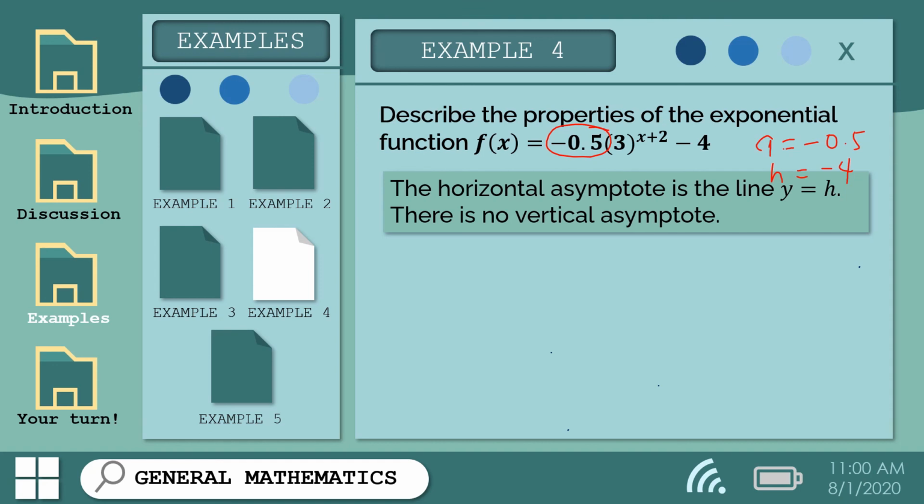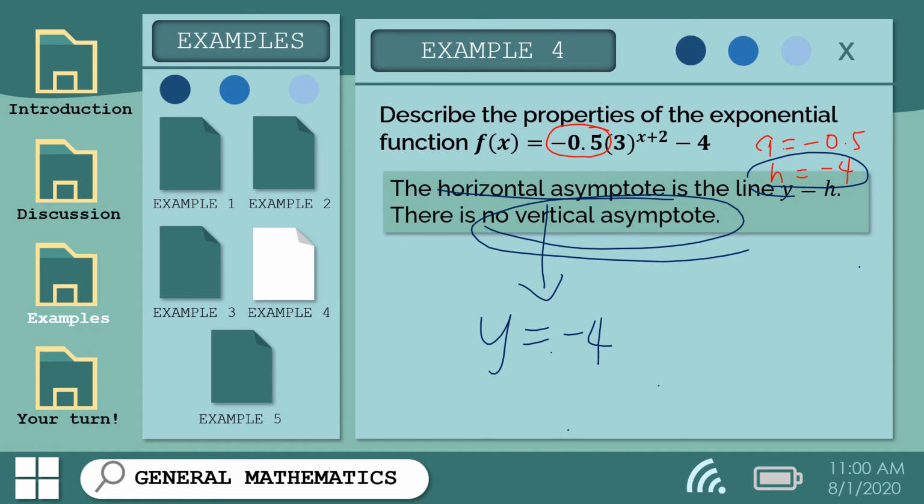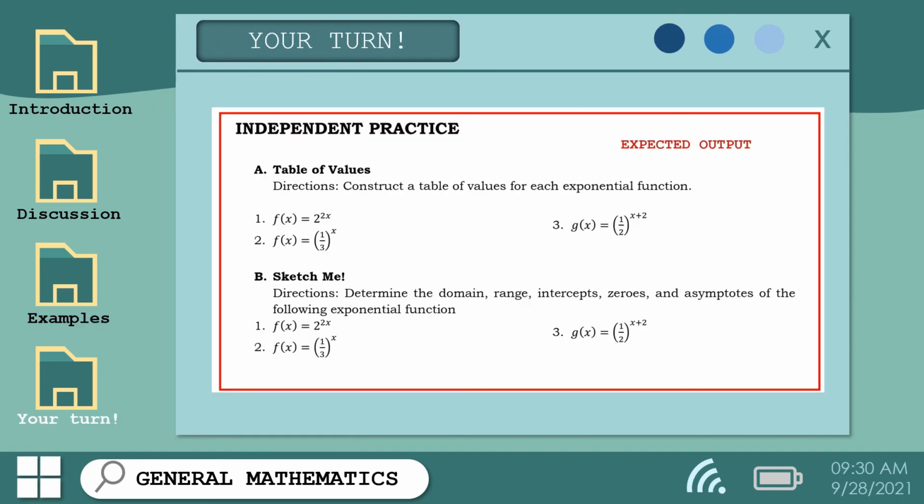Since our h is negative 4, our horizontal asymptote is y is equal to negative 4. And, of course, we have no vertical asymptote. Okay? Right, so it's your turn to try by yourself on how to construct a table of values as well as to sketch the graph. Determine the domain, range, intercept, zeros, and asymptotes.